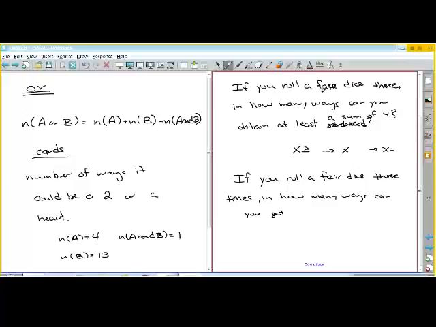Let's start over again. If you roll a fair dice three times, and you add them together, in how many ways can you obtain at least a sum of 4?